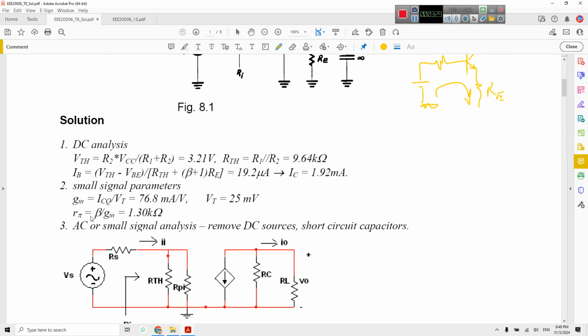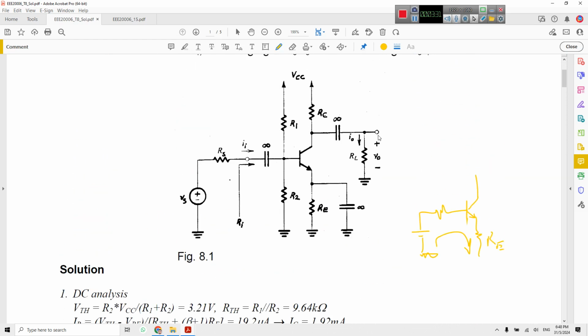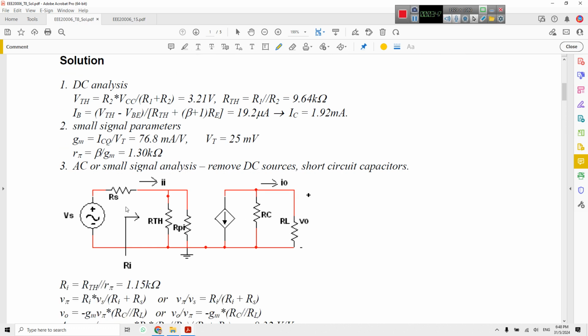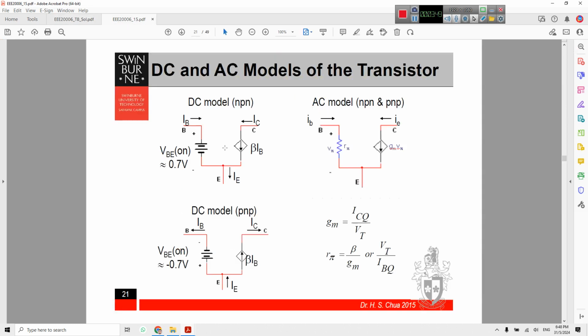Then R pi is beta, which was 100, over GM, and R pi is also calculated. So for the small signal analysis model, we should remove the DC source and short circuit the capacitors. Then the pi model: be careful about PNP and NPN, the direction of the dependent current source.